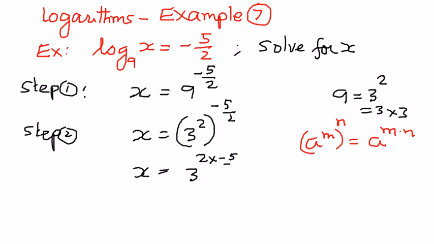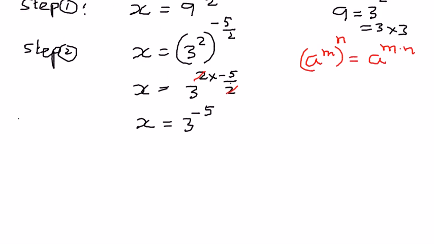As you can see, we have 2's in the numerator and 2's in the denominator, which cancel out, leaving us with x is equal to 3 to the power of negative 5.